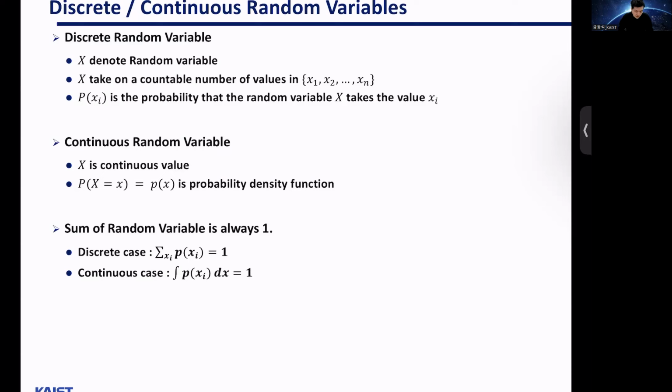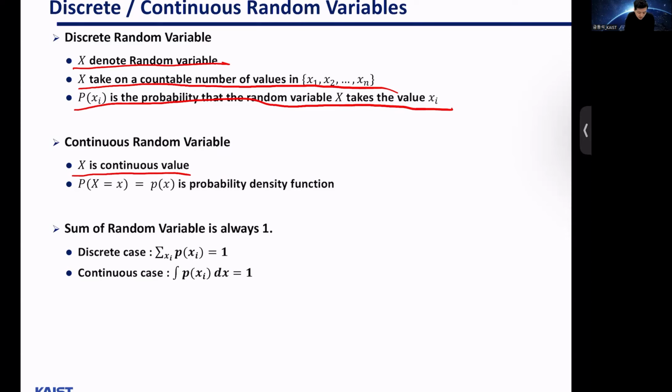And then this is again a basic review of random variables, discrete and continuous random variables. X denotes a random variable. X takes on a countable number of values, x1 through xn. P of xi is the probability that the random variable x takes the value xi. For a continuous random variable, x is a continuous value.